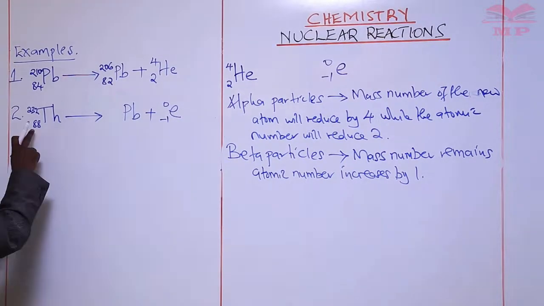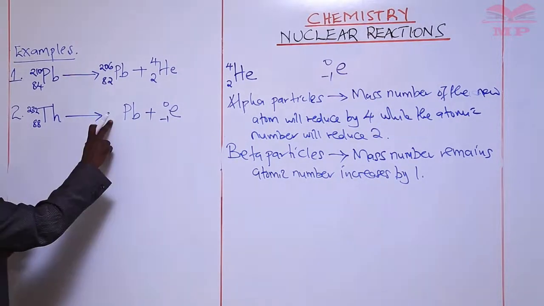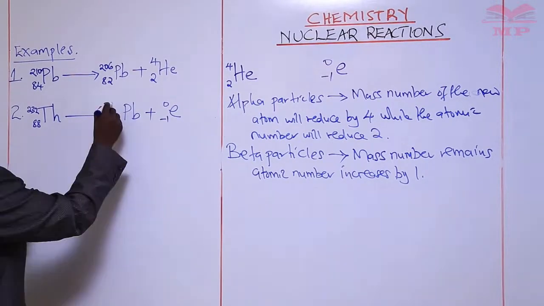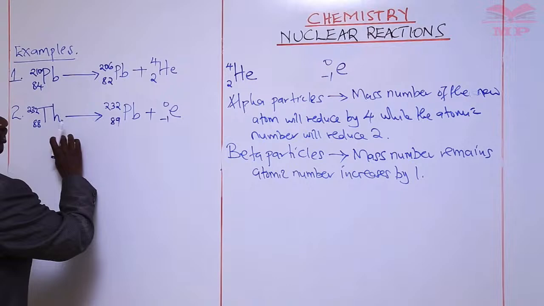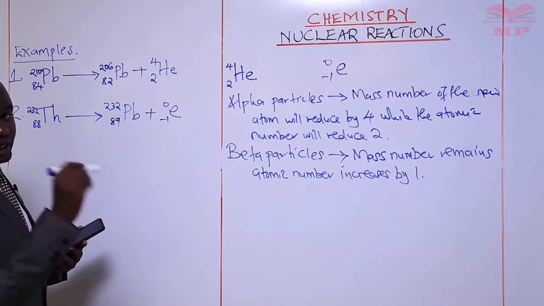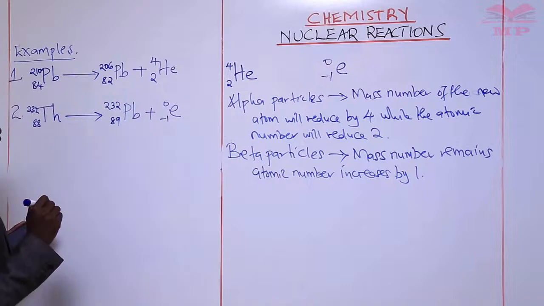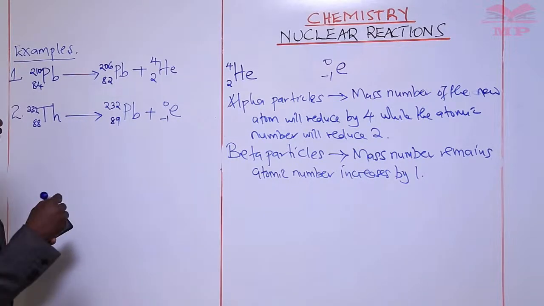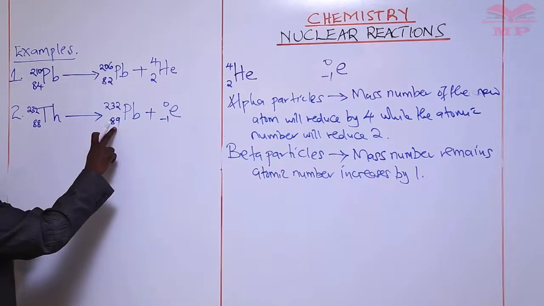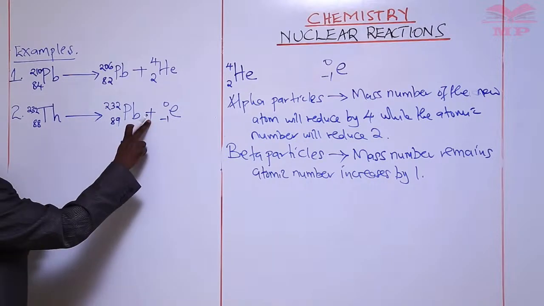On the left it is 88, on the right we increase it by 1, that will give you 89, and the mass number is 232. So this is another example of a nuclear equation. Once again, don't forget, the mass numbers on the left should be equal to the mass numbers on the right. You can just confirm that. On the left it is 88 atomic number, on the right 89 plus negative 1.